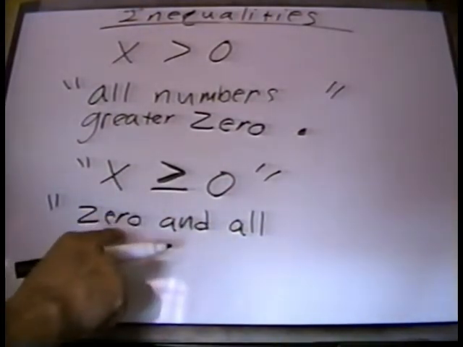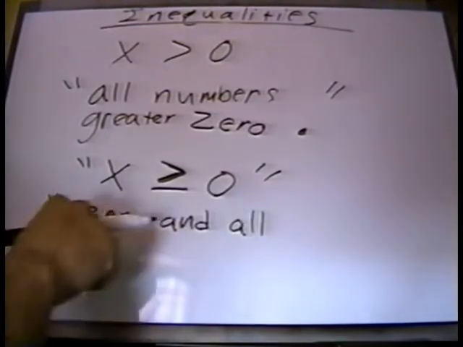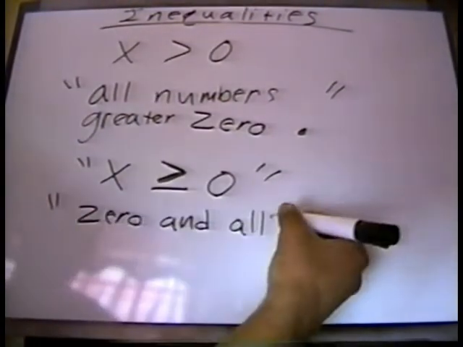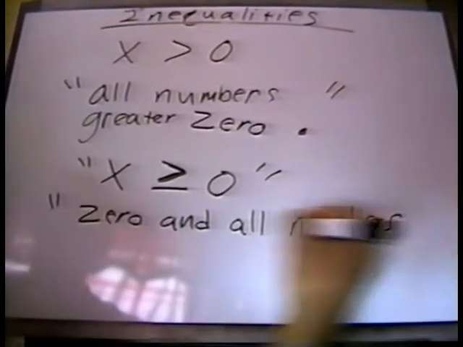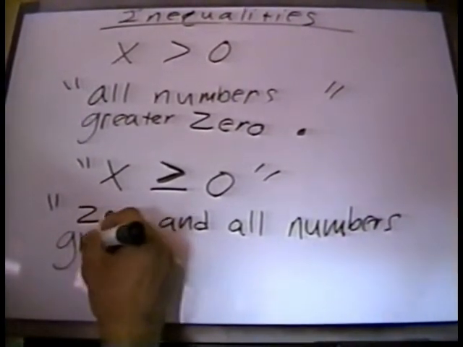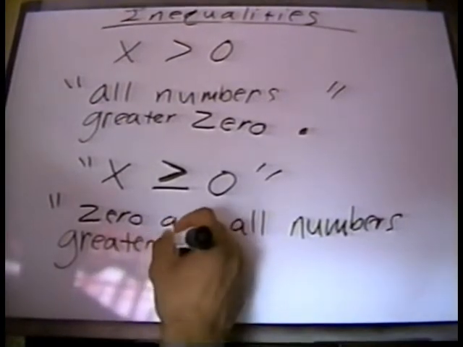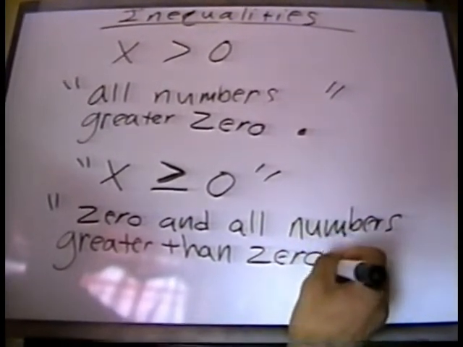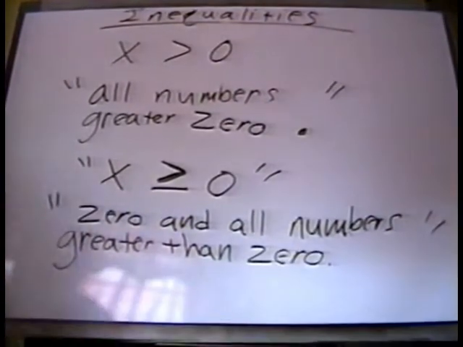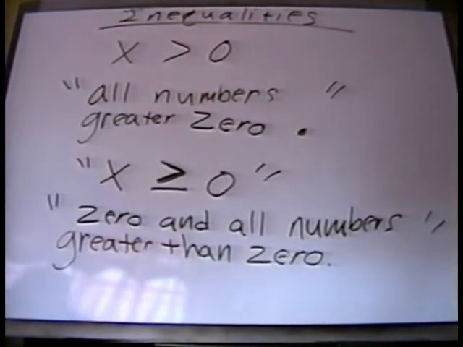So this is inclusive of 0. We're saying 0 and all numbers greater than 0. Okay? 0 and all numbers greater than 0.